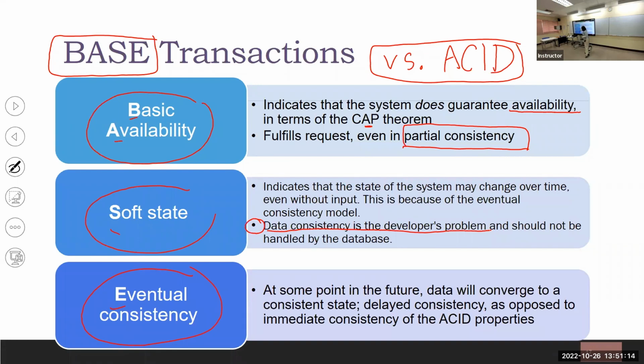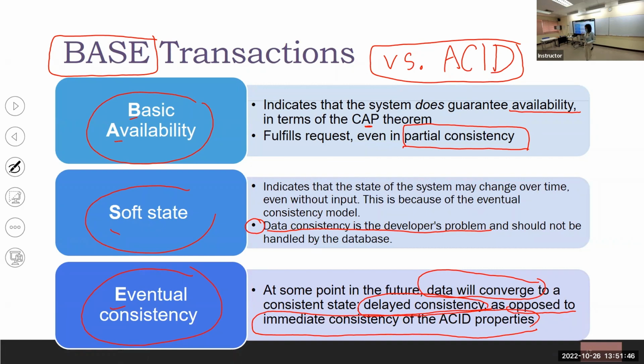And then for eventual consistency, we already discussed. Okay, the consistency could be delayed. It would take some time for the data in all nodes to converge into the same consistent state. So that is why we say eventual consistency. This is very much opposite to the immediate consistency of ACID.